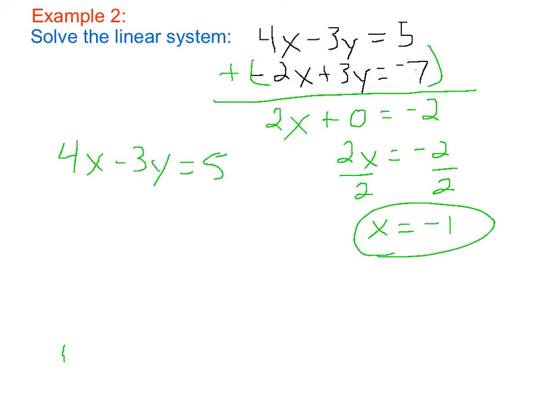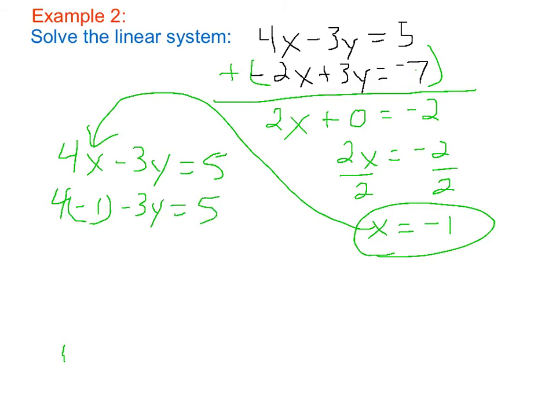Take what I know, x equals negative 1, plug it into the equation, so we get 4 times negative 1 minus 3y equals 5. 4 times negative 1 is negative 4. Everything else stays the same. Two-step equation here, so we're going to add 4 to both sides.